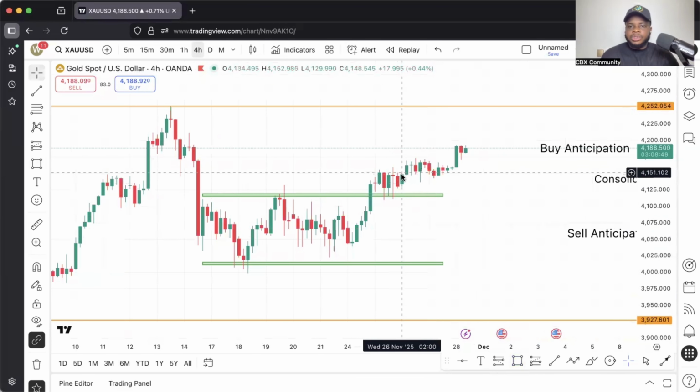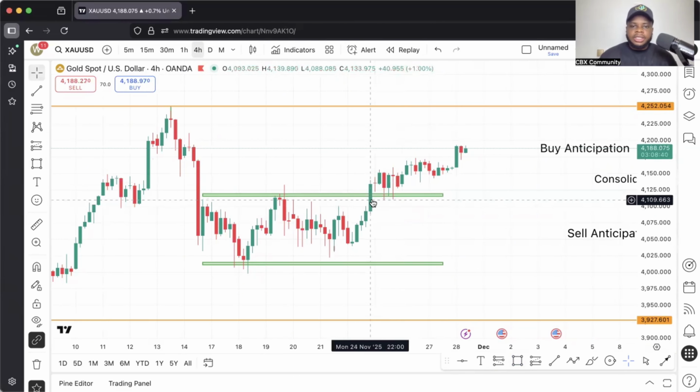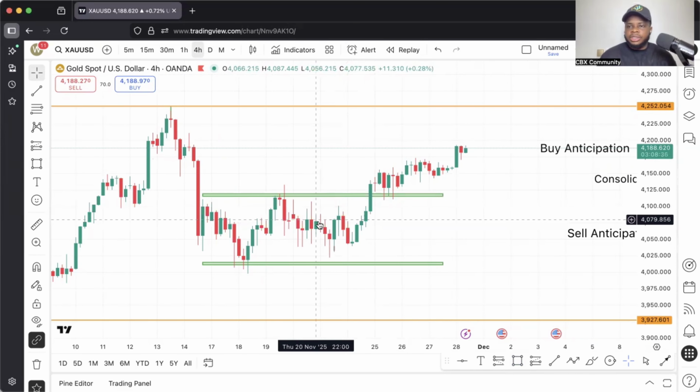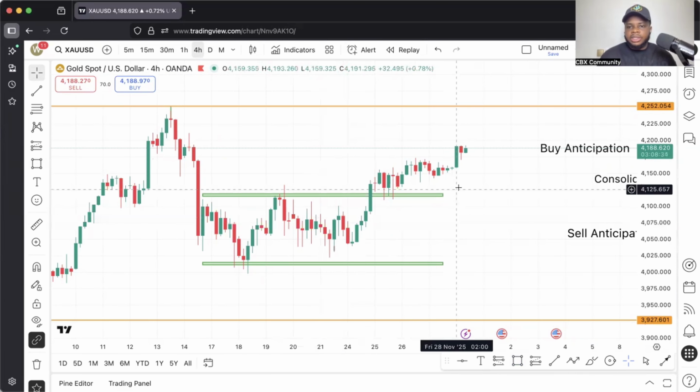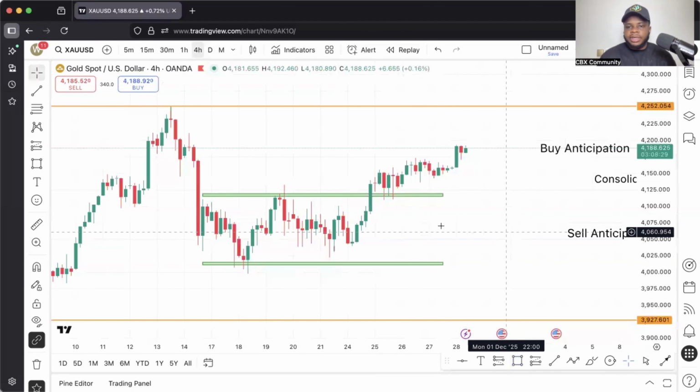We also have a consolidation zone over here. But it's very important for us to look at the current resistance and the current support. Since this candle broke this resistance zone, this consolidation zone is no longer valid until we see a candle continue to come down to get to this zone over here.